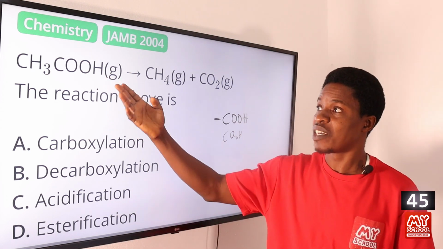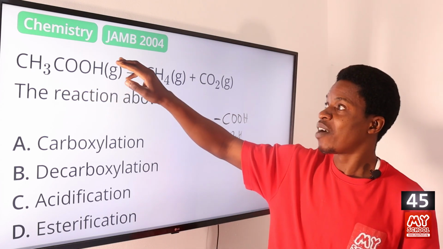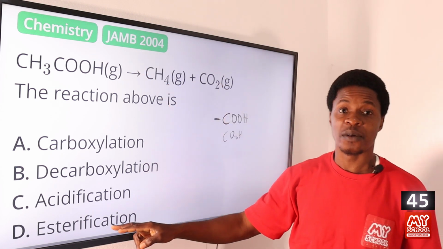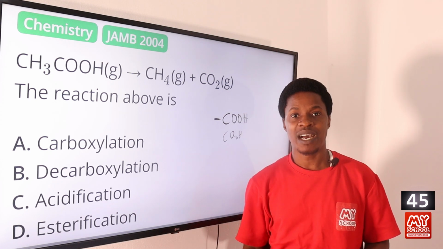That is not the case here. We only have alkanoic acid here, not reacting with an alkanol. So it is not option D. The correct answer is option B, decarboxylation.